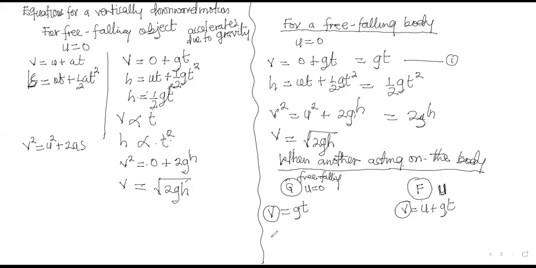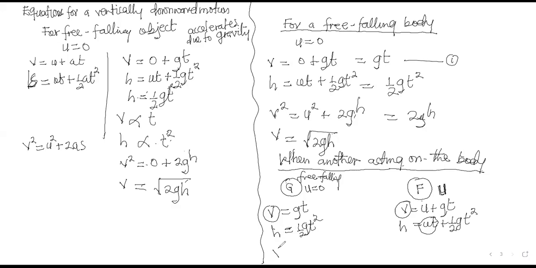Then the second equation: h would be equal to half gt squared. That of Frank would also be h equals ut plus half gt squared. So h will be greater because of this ut. In the case of free falling, this part is 0.